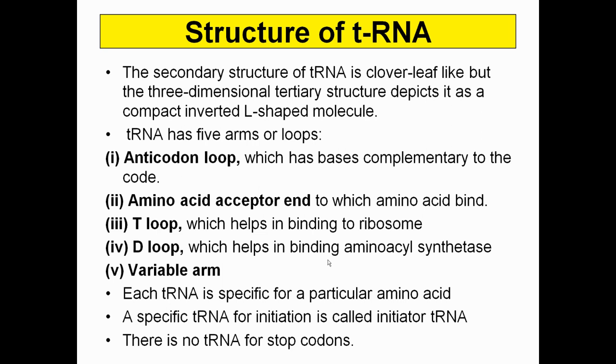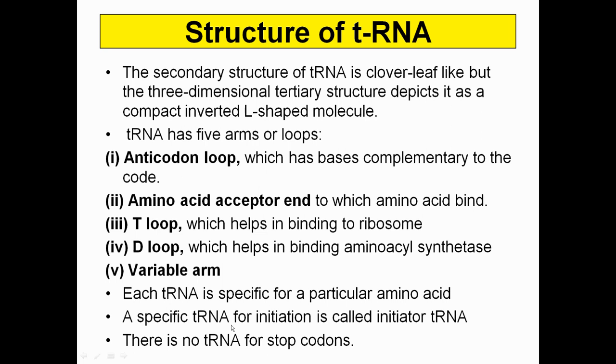And there is the variable arm, which can vary in nature from different types of tRNA. As you know, tRNA is very specific for a particular amino acid, which is going to bind with a particular tRNA molecule.